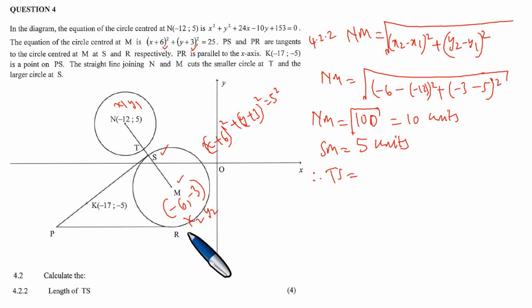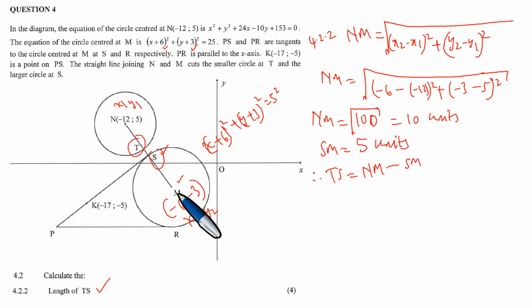Then TS is going to become what? Okay, which is what they want. Right, here is T and here is S. So it's going to be NM minus, for instance, SM.